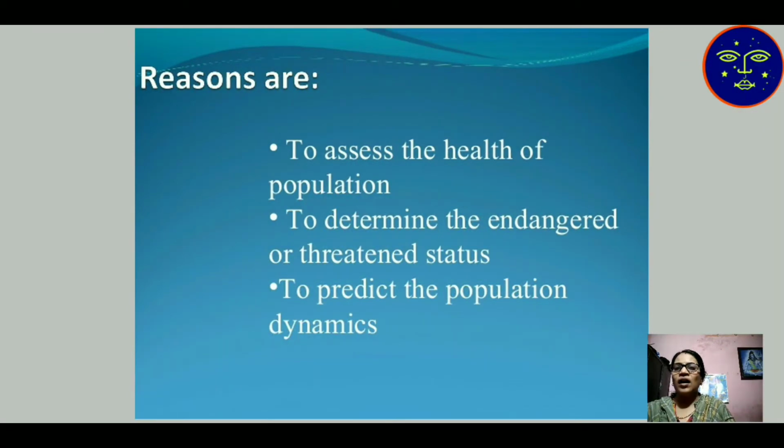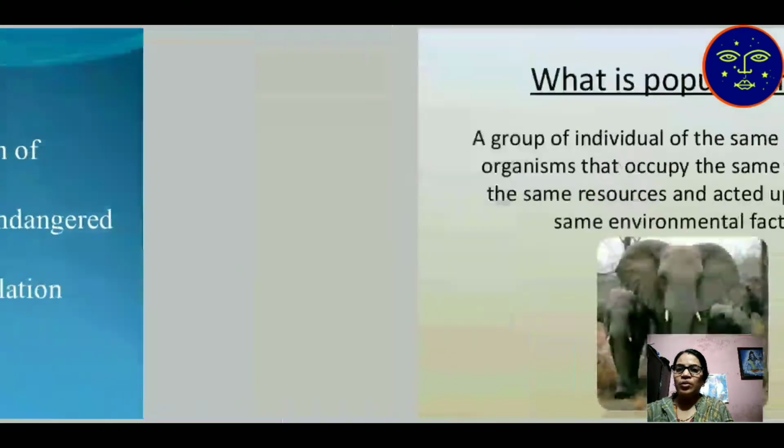Then reasons are to decrease the population, to assess the health of the population, to determine the endangered and threatened status. Endangered means the species which is now starting to go extinct, and to predict the population dynamics. All these reasons are why we study population ecology.